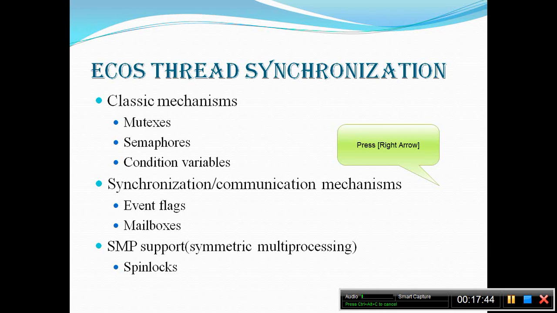A spin lock is built on an integer location in memory that is checked by each thread before it enters its critical section. If the value is 0, the thread sets the value to 1 and enters its critical section. If the value is non-zero, the thread continually checks the value until it becomes 0.